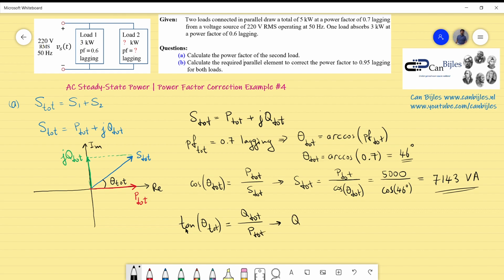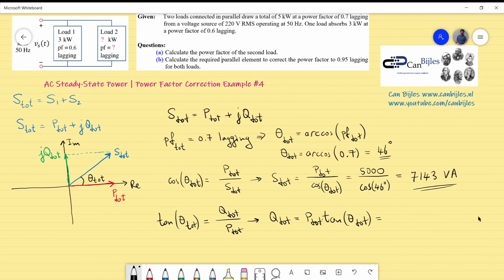In a similar way, Q total will be equal to P total times the tangent of theta total. Now if you substitute the values, we have 5000 times the tangent of 46 degrees, which will give us the value of 5103 volt amperes reactive.